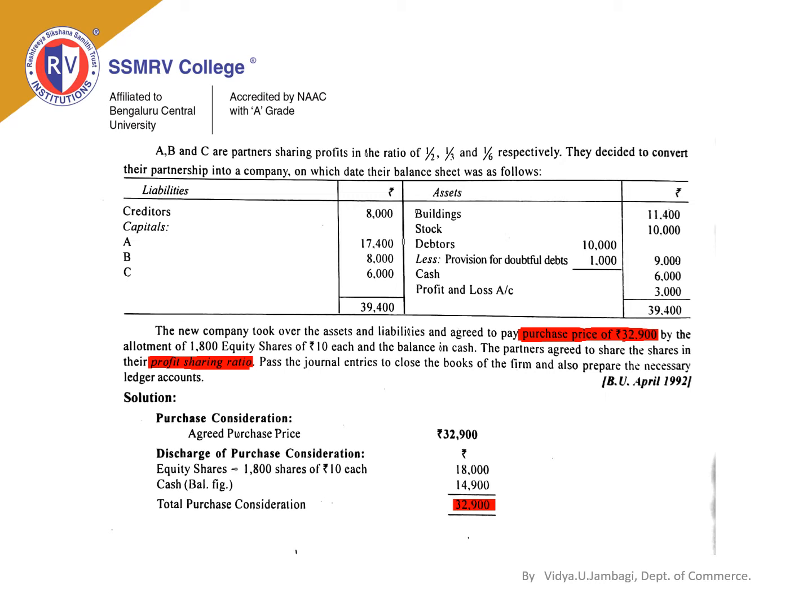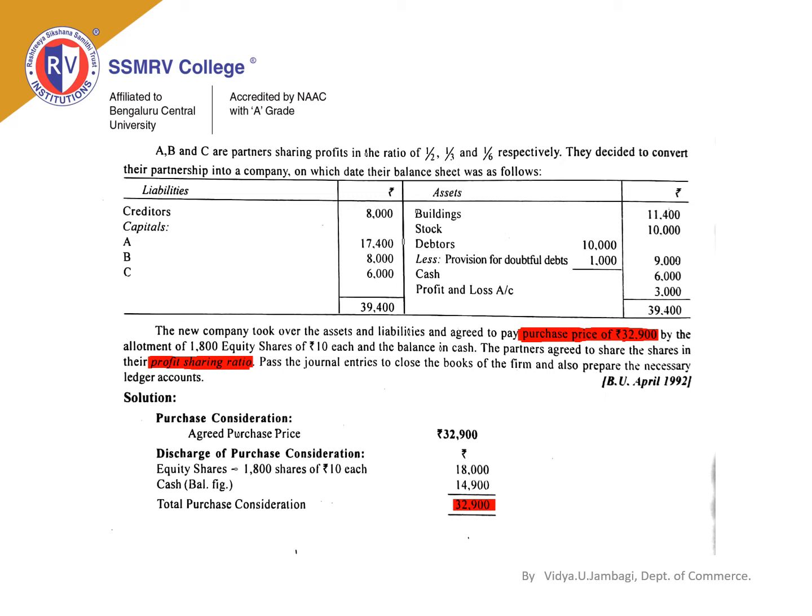So in this problem, we cannot apply final claim ratio. Only in the absence of any particular instruction we go with final claim ratio. If there is any particular instruction given to us, then we'll have to follow the same. So in this problem, they have asked us to distribute the shares to the partners not in their final claim ratio but in their profit sharing ratio.